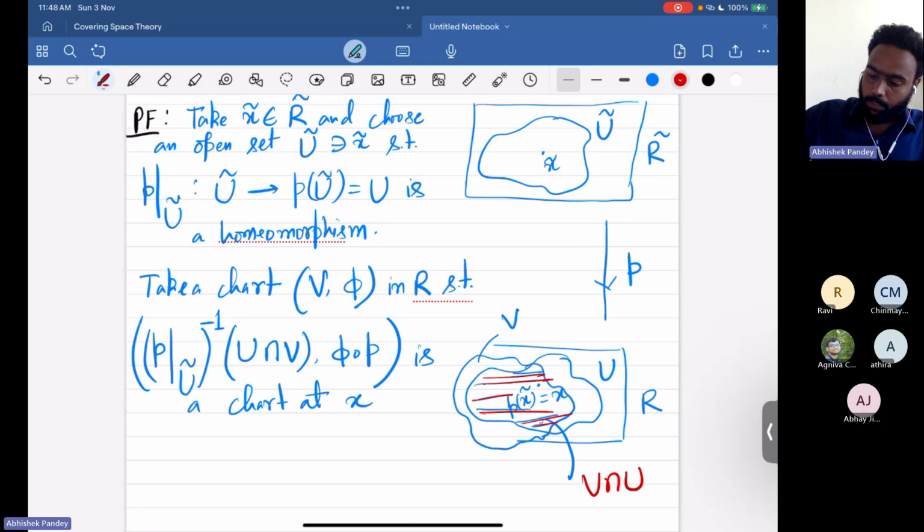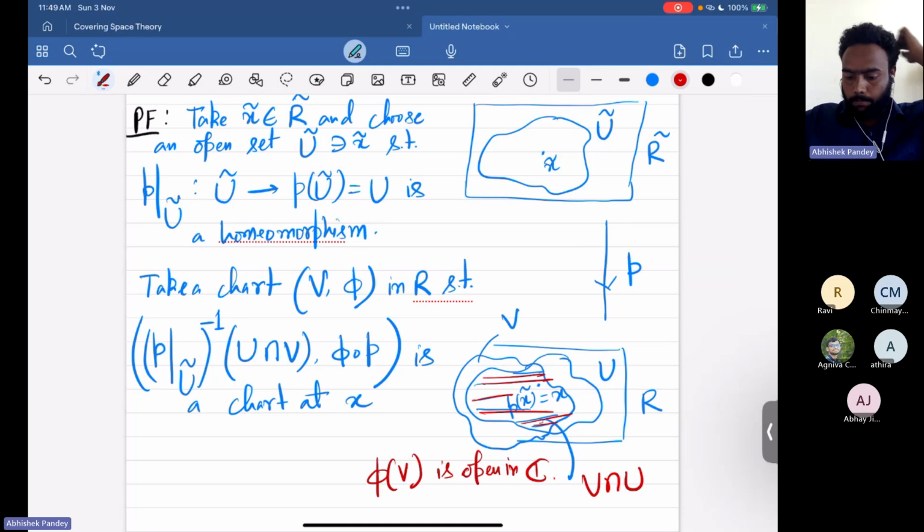Basically, phi of V is homeomorphic to an open set in the complex plane C. Using this, we are defining the chart at x tilde. Is it clear?